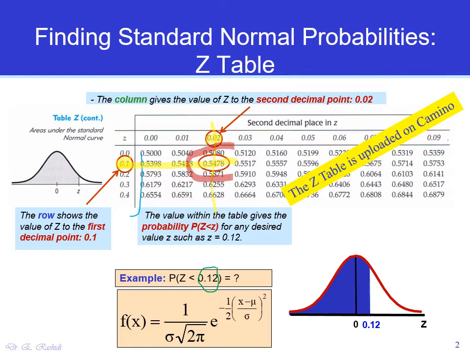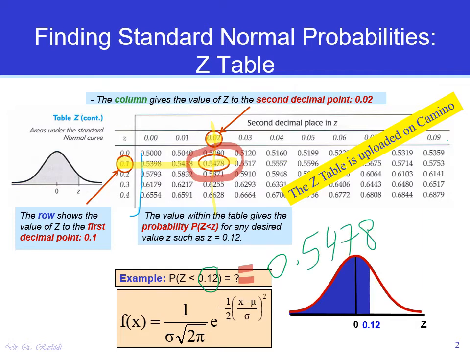That's 0.5478. That's the probability. So this probability is equal to 0.5478.